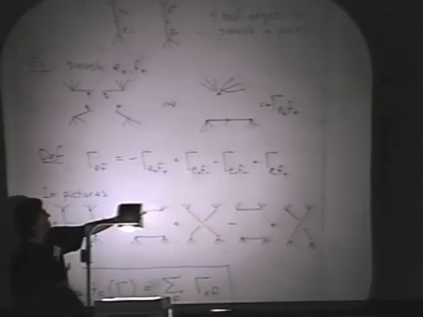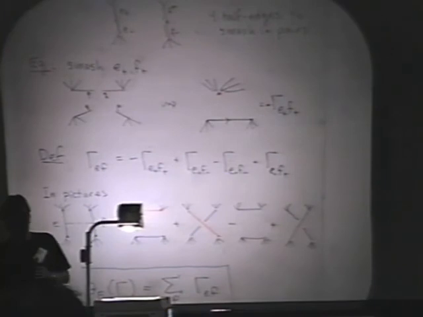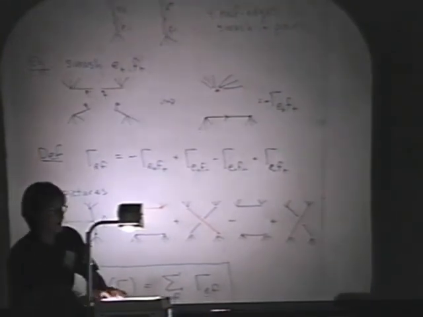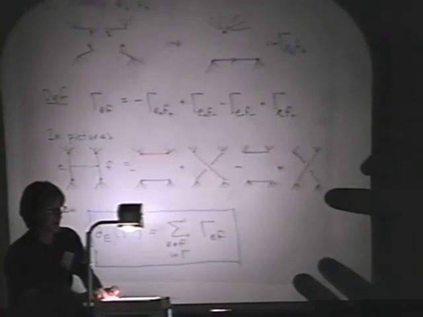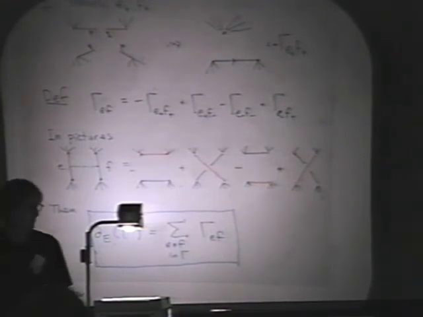I haven't bothered to smash them here because it's hard to draw, but the red ones get collapsed. Okay, so if I collect terms in that way, then I get this nice description of what boundary E is. Boundary E of gamma is just the sum of all pairs of edges which aren't the same of these gammas of EF, these 4 terms.